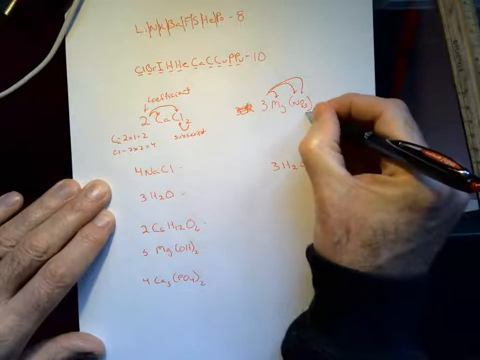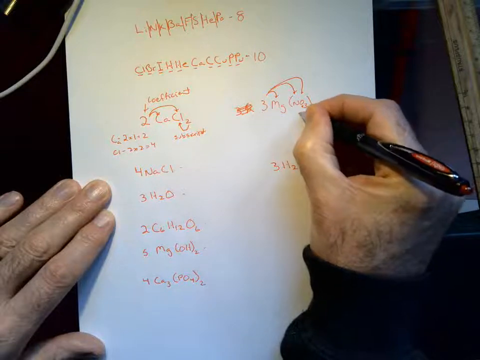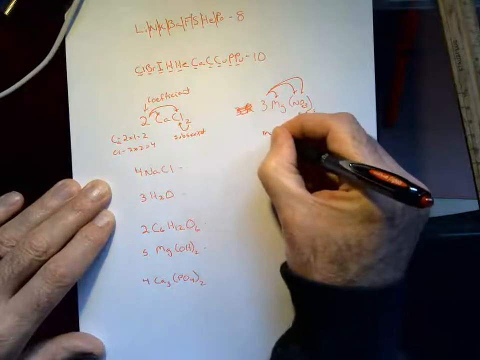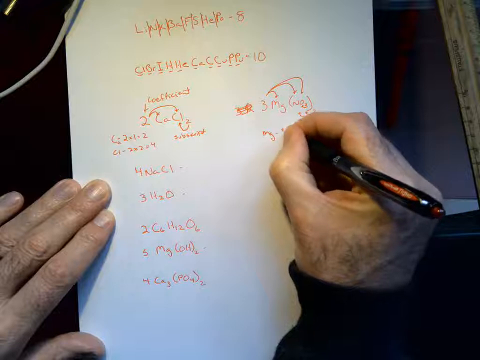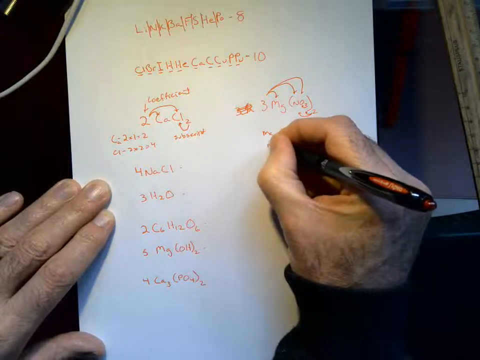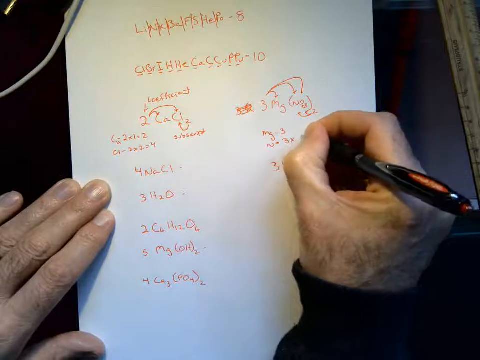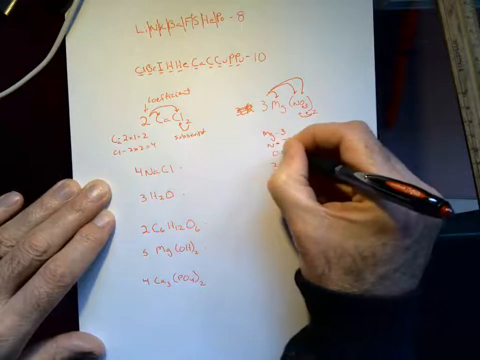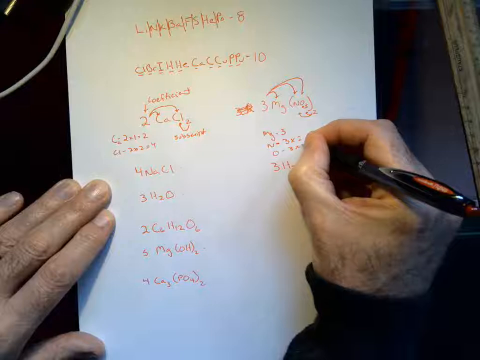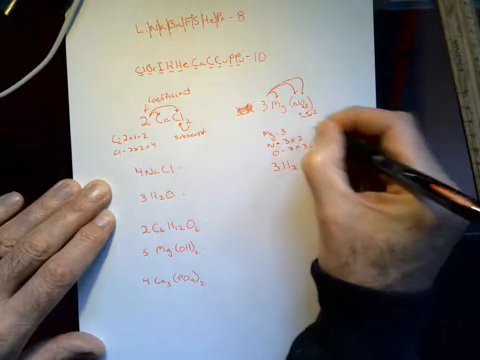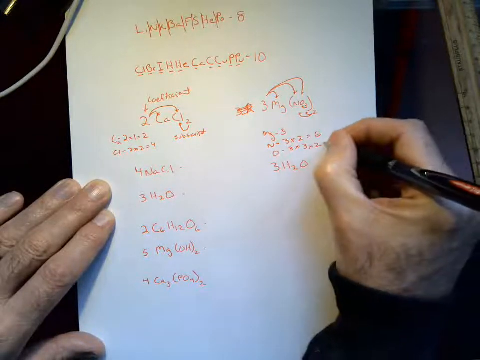It goes with everything inside of the brackets. So Mg, if we wanted to count them, would be 3. N would be 3 times 2. And O would be 3 times 3 times 2. So we're always multiplying the numbers.